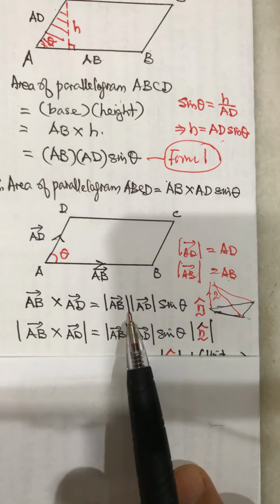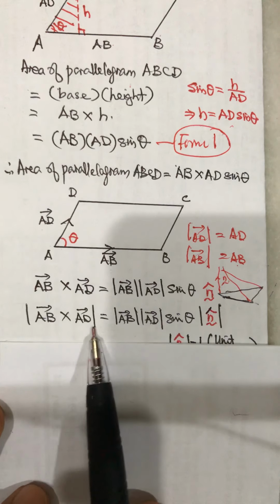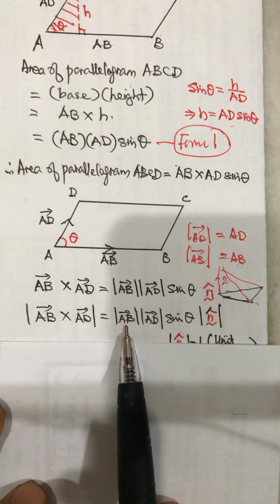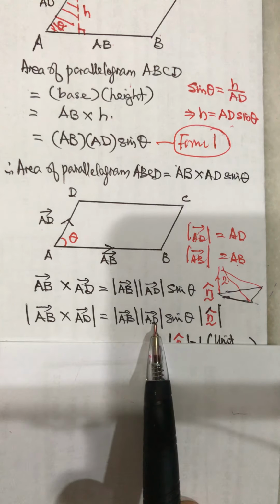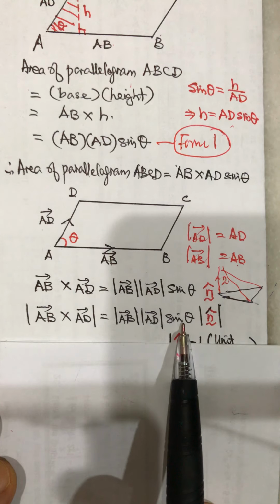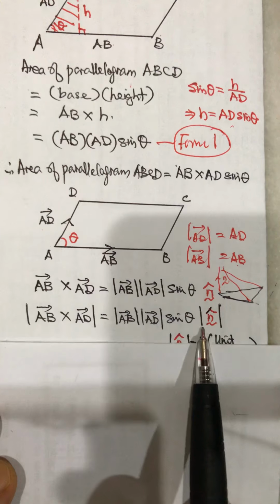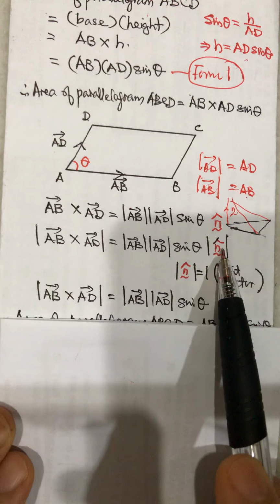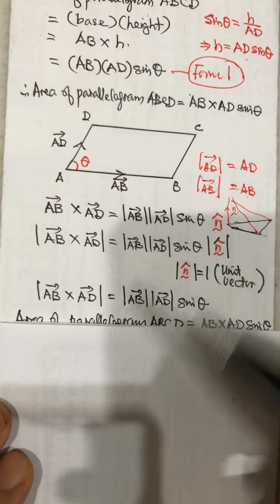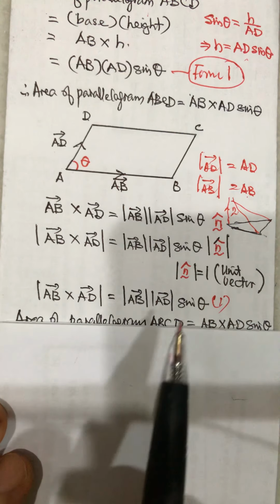So when I take the modulus, I find the magnitude of the vector, but these are not vectors, so they have magnitude only, no direction. The magnitude of the normal vector is 1, that's why we don't need to write it.